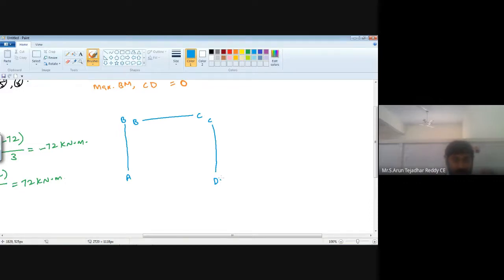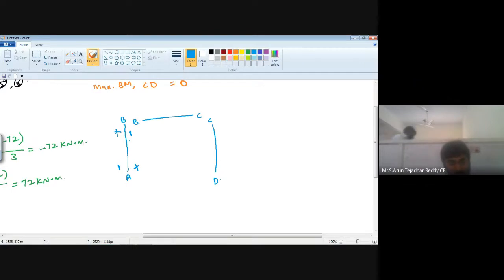Already you know the sign convention of final bending moment in the slope deflection method. A to B: if you get a negative value, then the bending moment is above the beam. If it is positive, it is below the beam. But here we have a column, so you can take it as a column, no problem. Next, here it is opposite, plus minus.